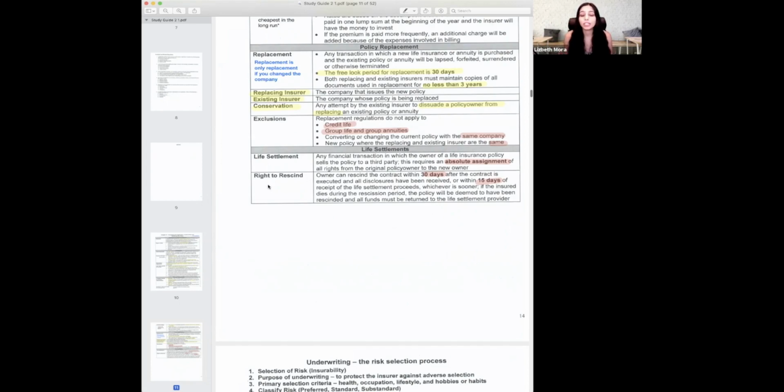Right to rescind. We kind of went over this in chapter 2. Right to rescind is when someone has kept something from another party and it caused the other party to feel cheated, lied to, and it causes the company to say the policy is void. It's no longer valid, right?